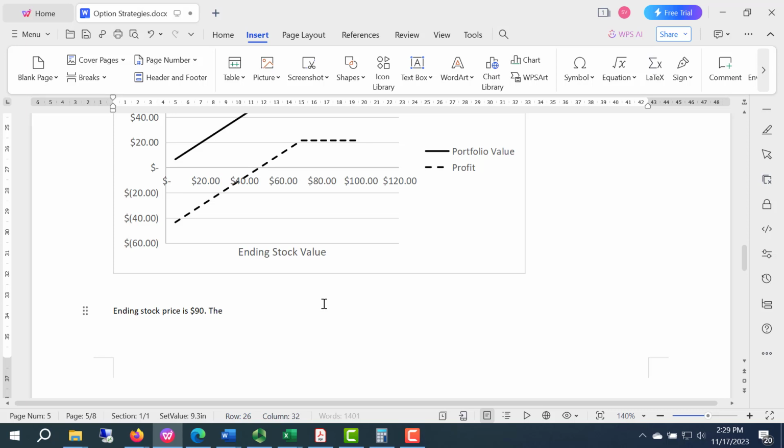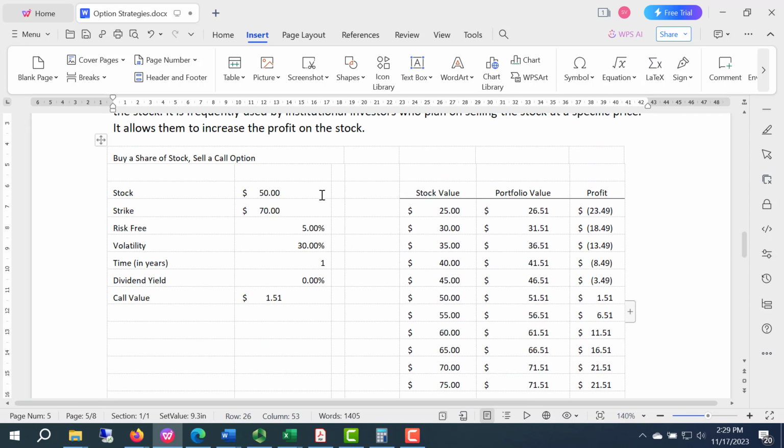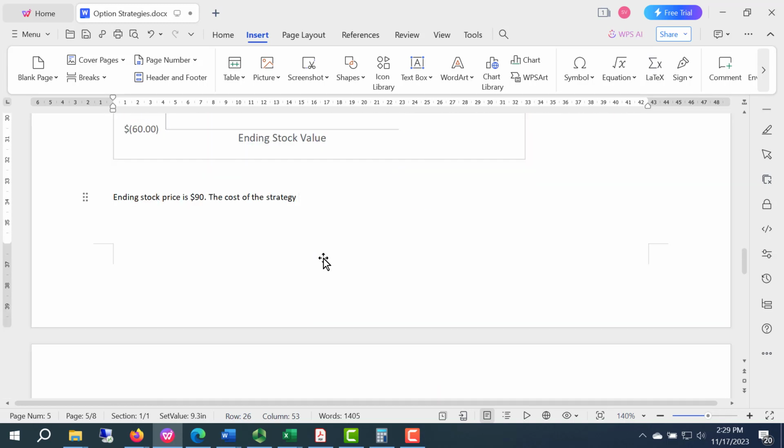The cost of the strategy: I had to buy the stock, and the original price was $50, taken from up here. And then I make money on this strategy by selling that option for $1.51.